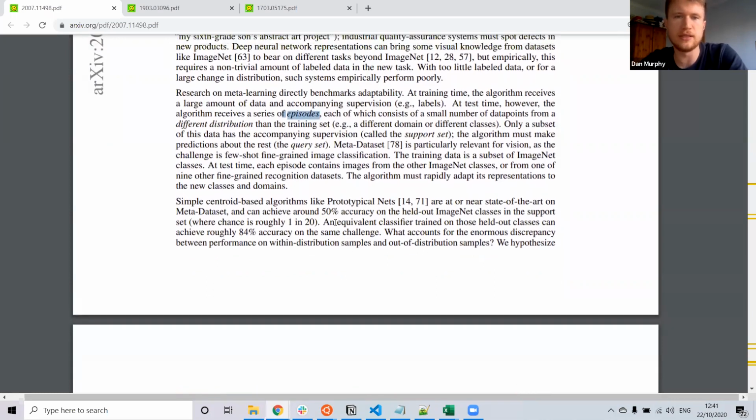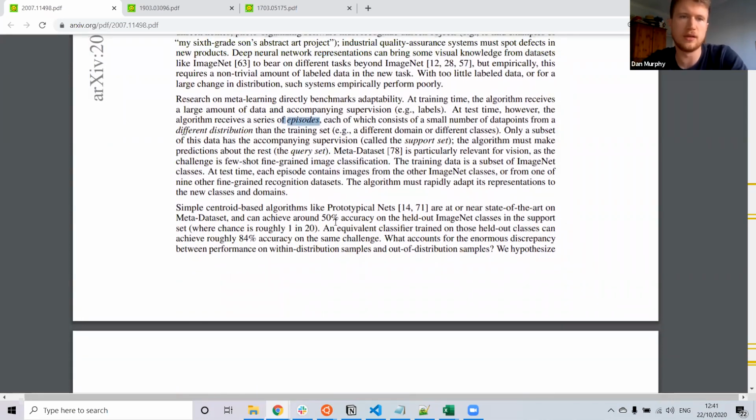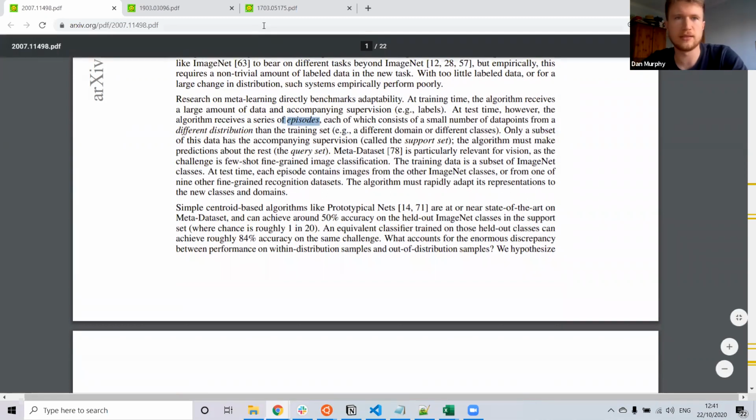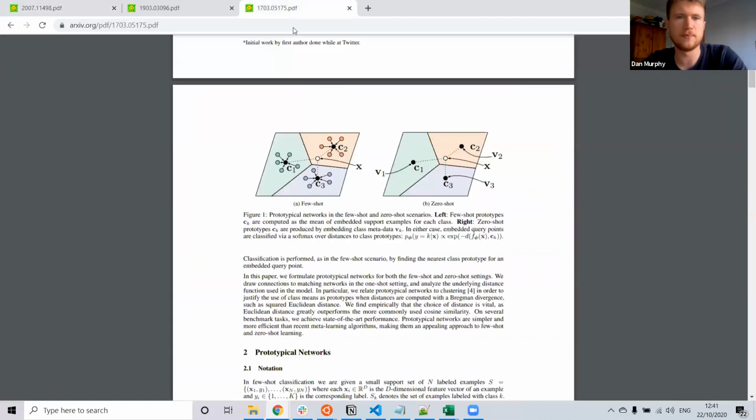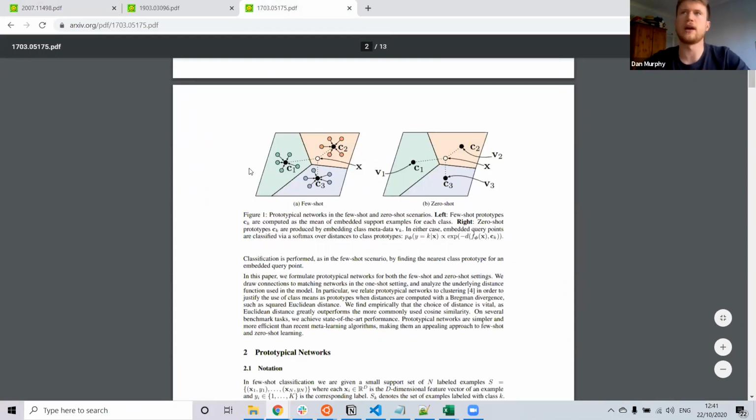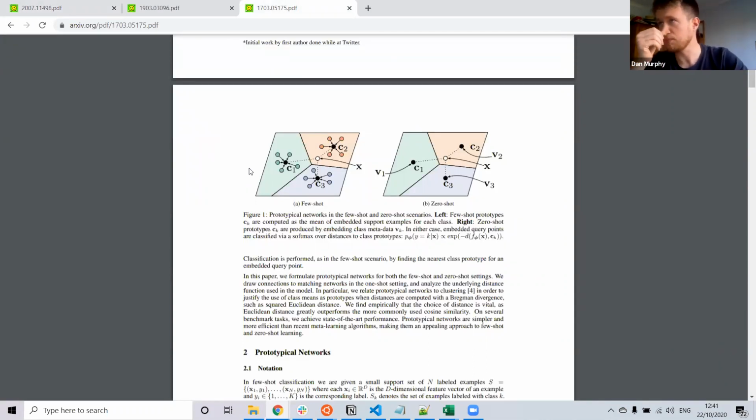The state of the art before this paper is something like a prototypical net. It's a network that produces an embedding based on an example, based on a query image. You'll have your images from the support set.